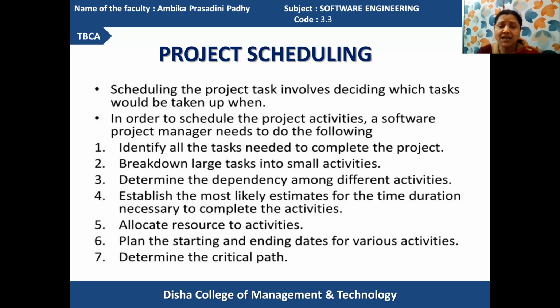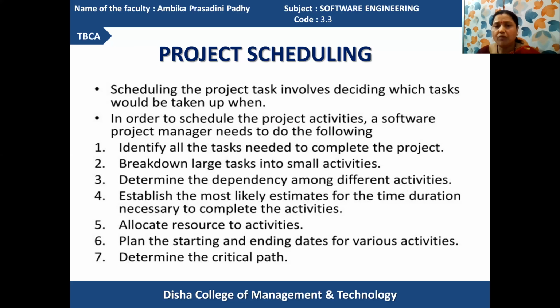And all these project scheduling activities are performed by dividing the whole set of activities into 4 operations. Those 4 scheduling operations we have to know in detail. What are those 4 scheduling operations? First, work breakdown structure preparation.